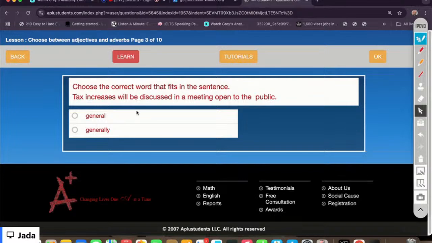Okay, tax increases will be discussed in a meeting open to the dash public. So which one? Generally public or general public? What's the right answer here?